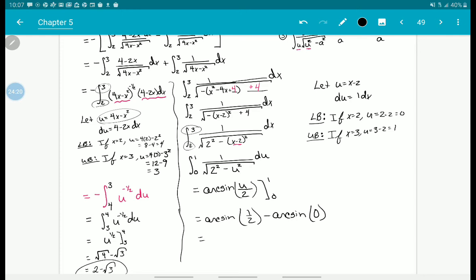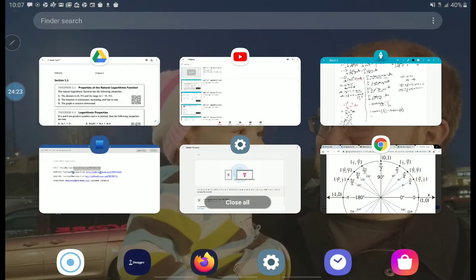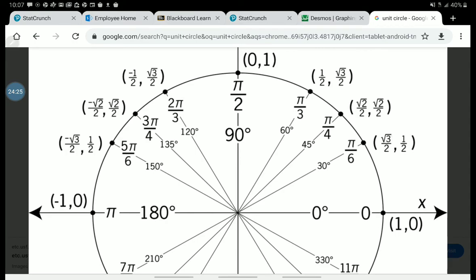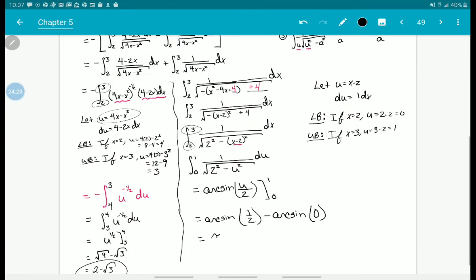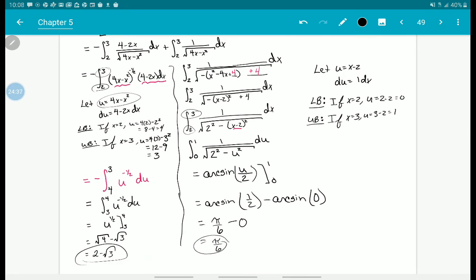So arcsine of 1/2, going back to our unit circle, the sine is 1/2 at pi over 6. The sine is 0 at 0, so we're going to get pi over 6. Now we have to put both of these pieces together, so our final answer is the lovely number 2 minus square root of 3 plus pi over 6.